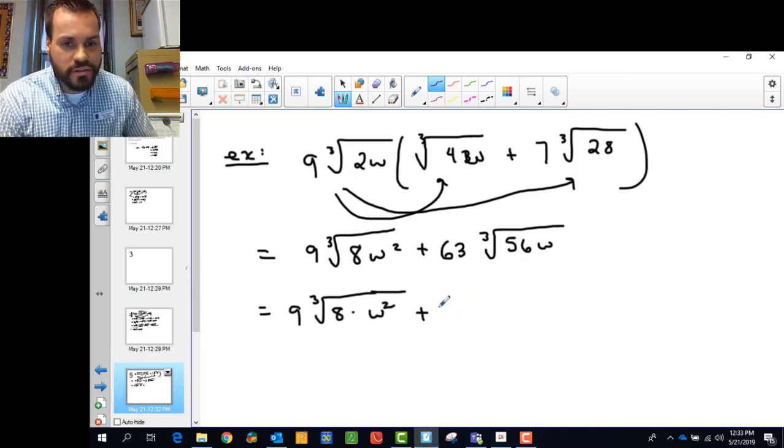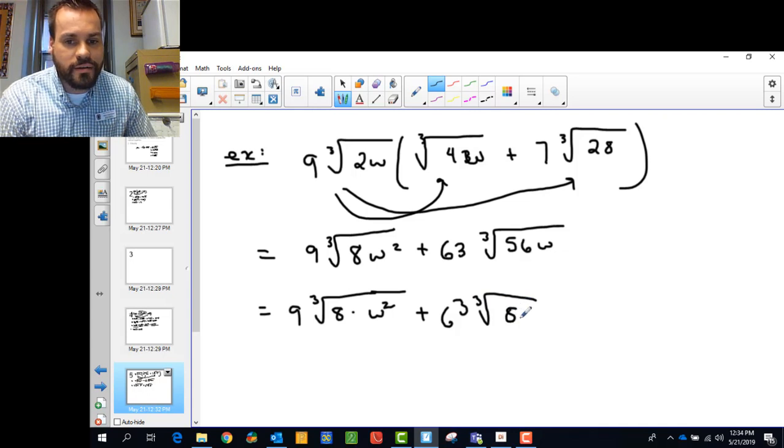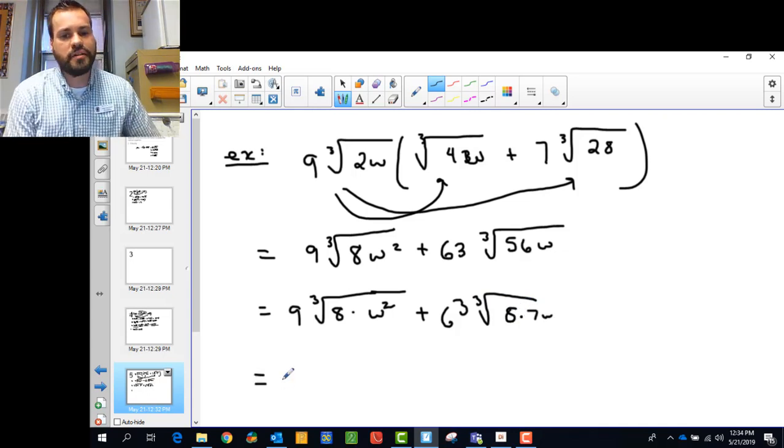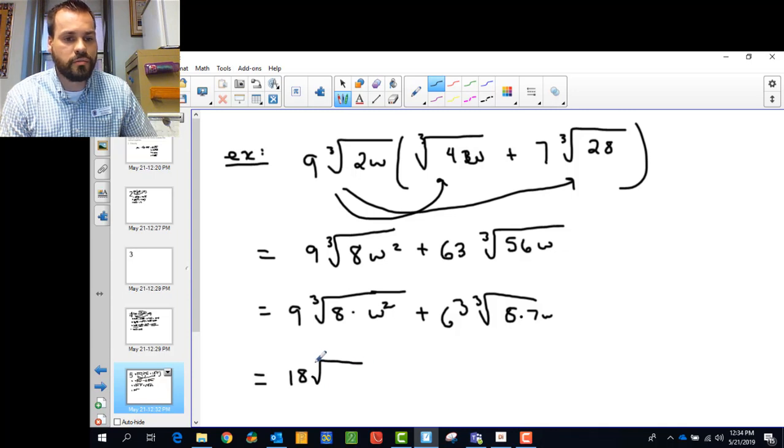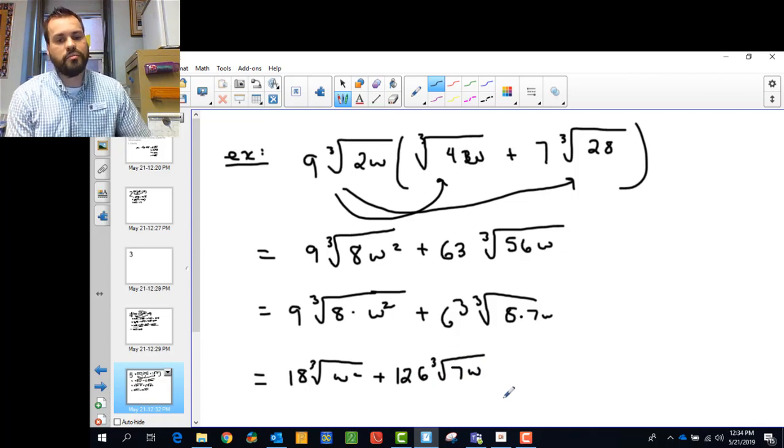So 8 again goes into 56 7 times, so I have 63 cube root of 8 times 7w, so that equals 9 times 2 now, because the cube root of 8 is 2, so that's 18 cube root of w squared, and then plus 63 times 2 is 126, and it's the cube root of 7w, and then you're done. You can't do any more with that.